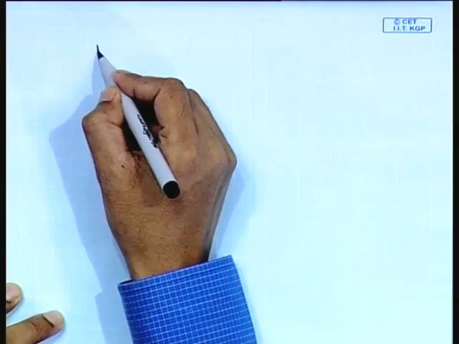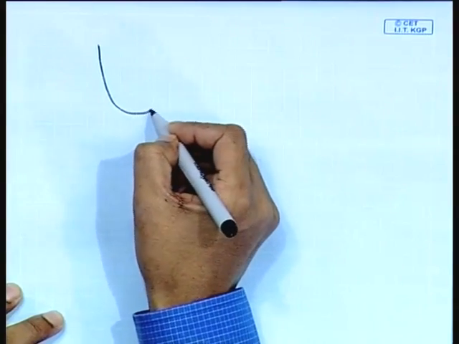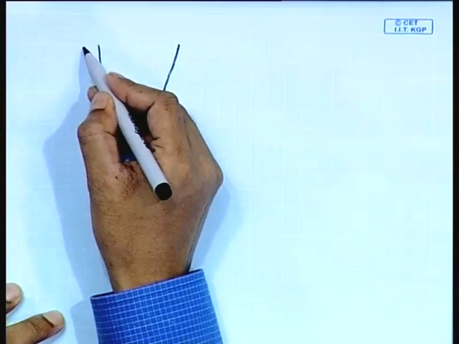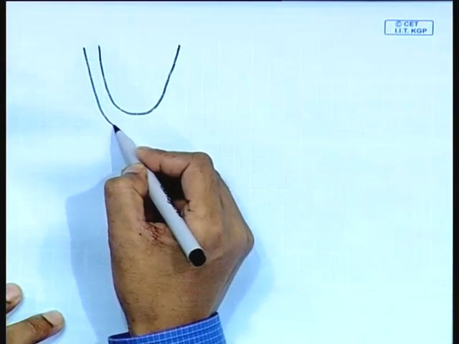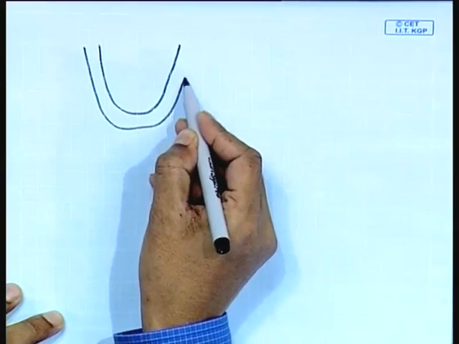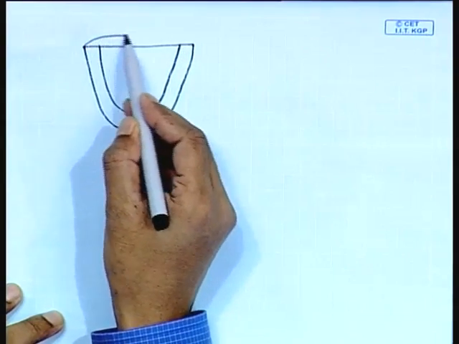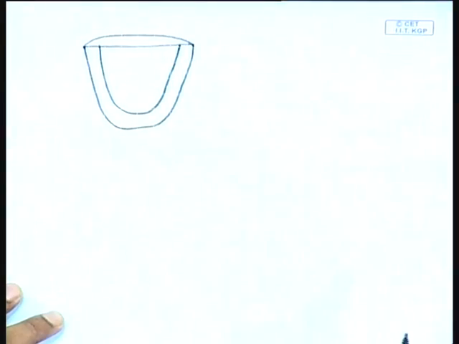Now, we will try to configure the split range control for this example system. This is the schematic of the non-isothermal batch reactor.